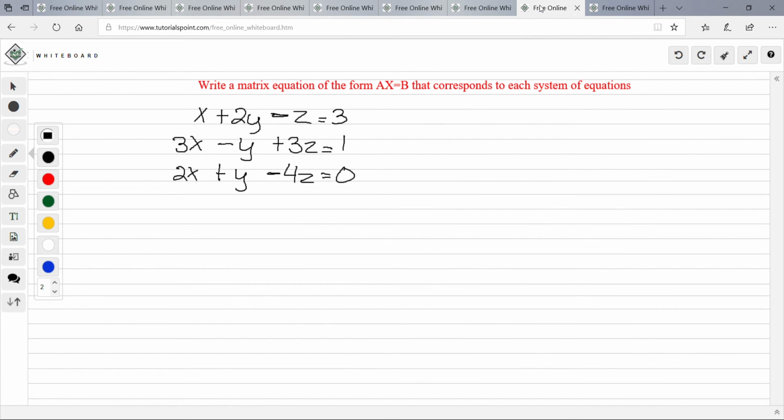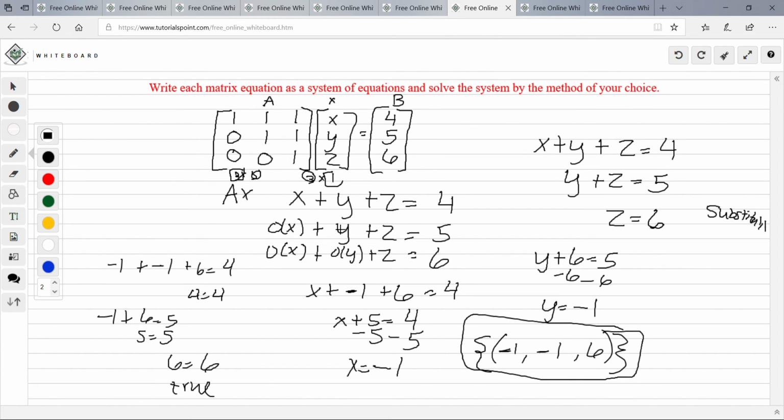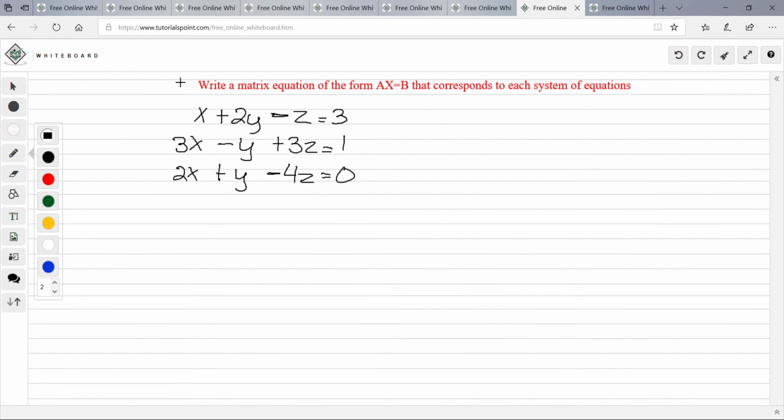Write a matrix equation in the form of AX equals B that corresponds to each system of equations. So this is kind of like the other one we just did, but it's kind of like going backwards in a way. So first let's figure out what our A is.